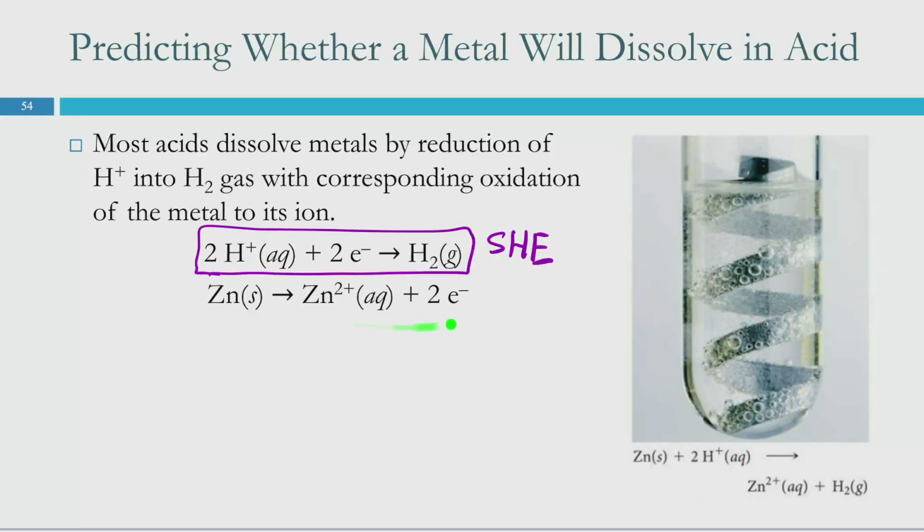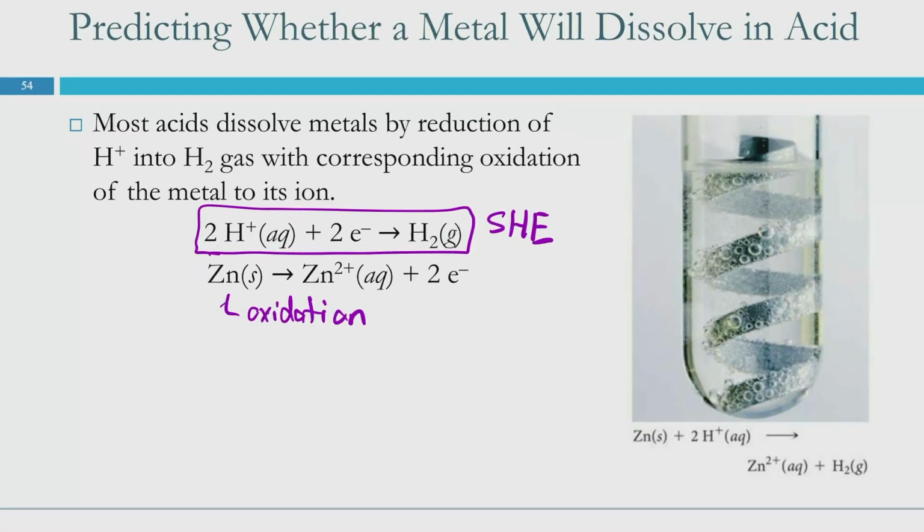And if we combine that with an oxidation half reaction for zinc, then that gives us this full redox reaction. So oxidation paired with our standard hydrogen electrode.